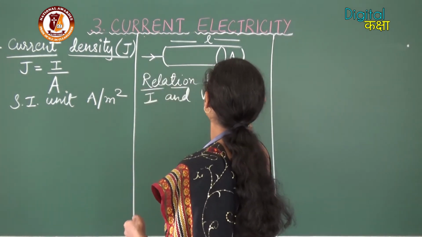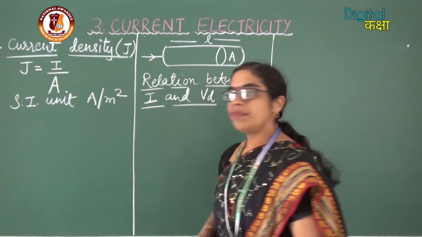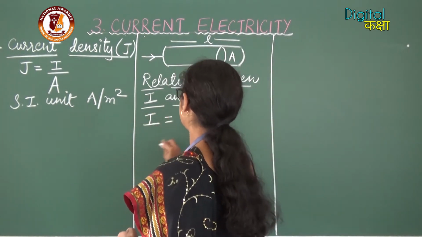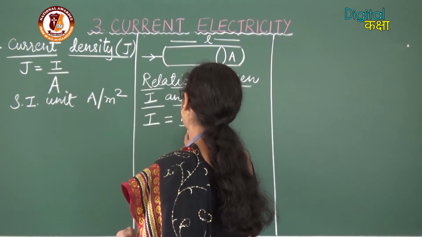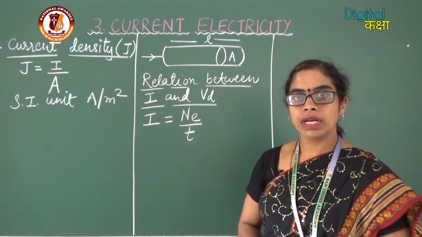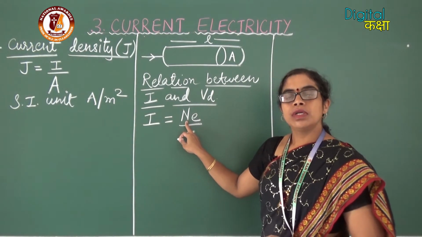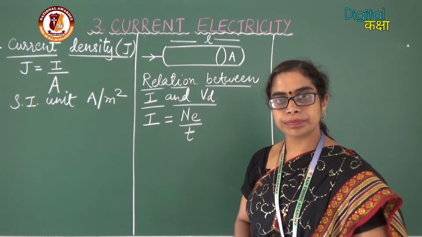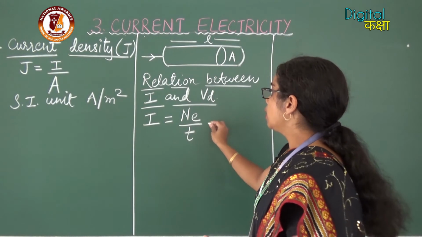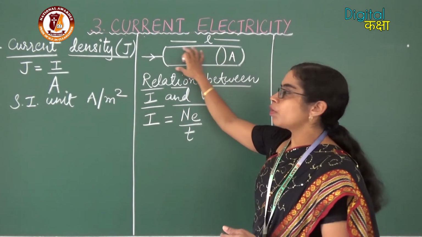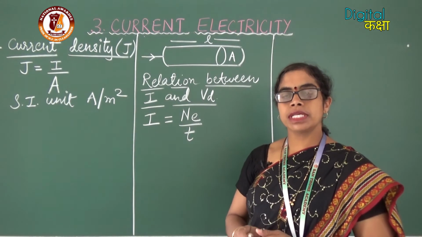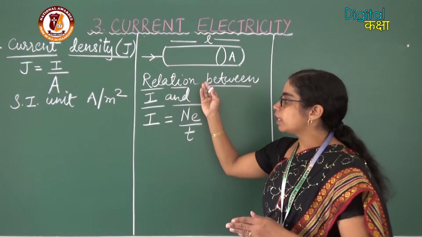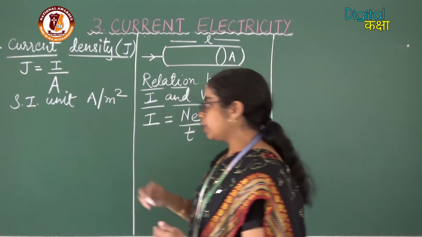In order to get this relation, we will be using the formula for the current, that is equal to Ne upon t, where N is representing the total number of free electrons which are present inside this wire. In this case, this capital N is the number of electrons present in the given volume of the wire. Now here, what is the volume of the wire?